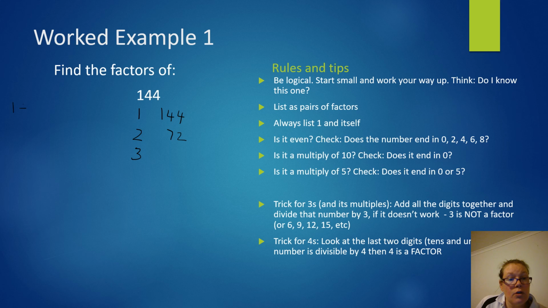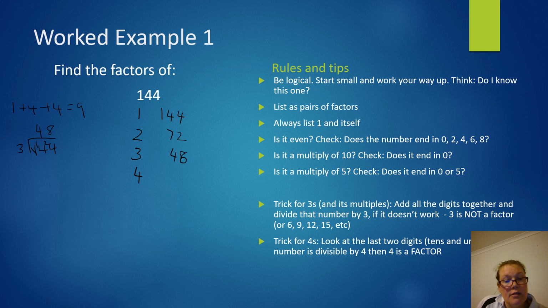So 1 plus 4 plus 4 equals 9. So 3 will go into it. If we do it longhand, 3 goes into 1 0 times. So we move the 1 over. 3 goes into 14 4 times with 2 remainder. 3 goes into 24 8 times, so it's 3 and 48.